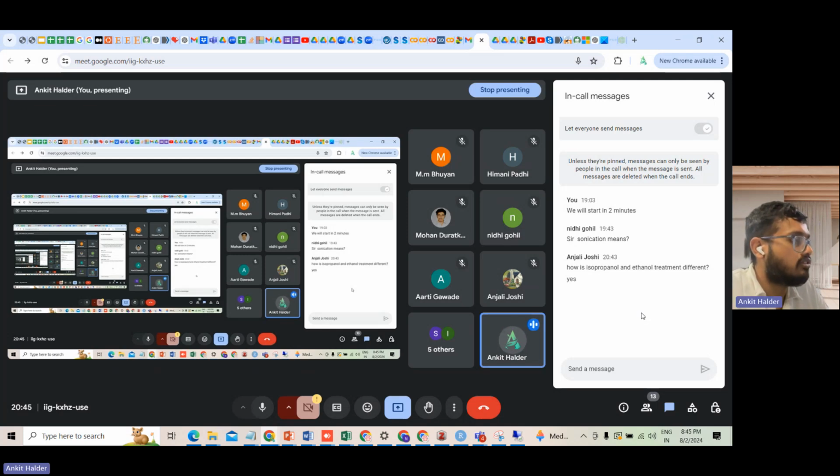So what are the different quantification methods that you are aware of for estimating the protein concentration? Does your sample contain protein or not? So what are the different procedures? Anyone? Yes, Anjali, Nidhi, anyone?